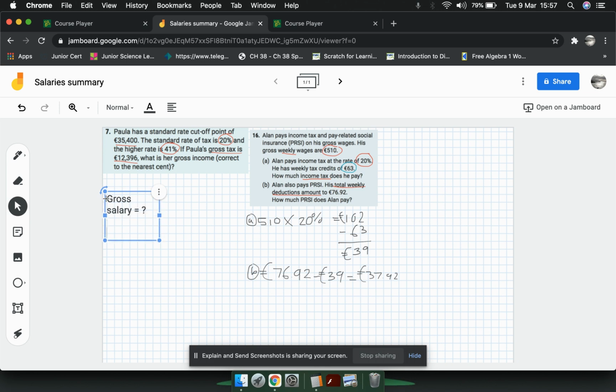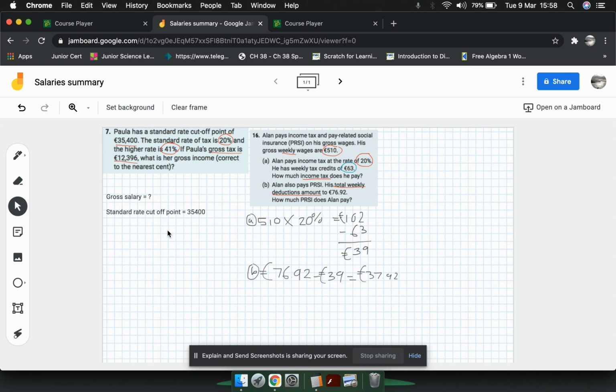What we do know is her standard rate cutoff point. So we know the standard rate cutoff point for this woman here, Paula, and that is equal to €35,400 for her. So based on that, we can figure out the first portion of her amount of money that was charged, or the first amount of money that she earns.